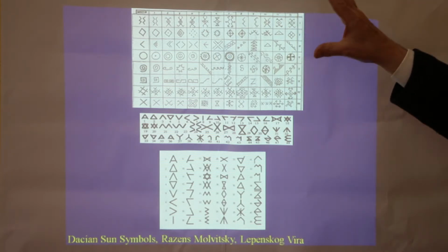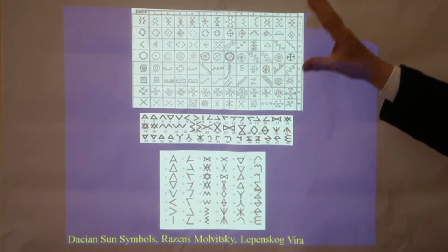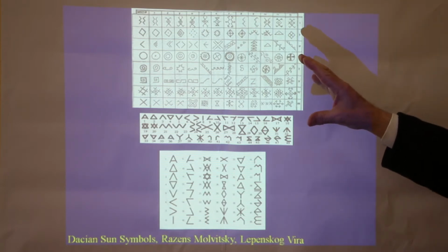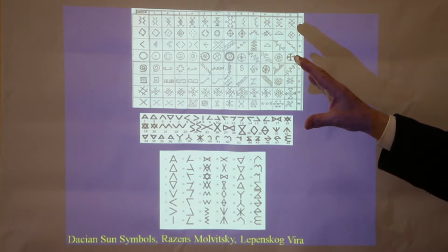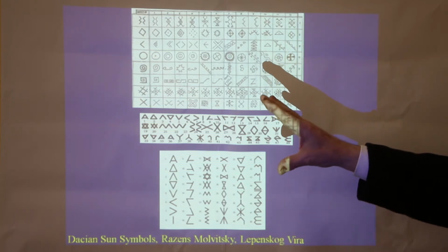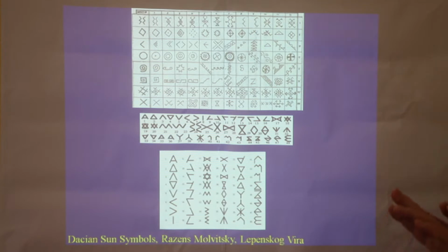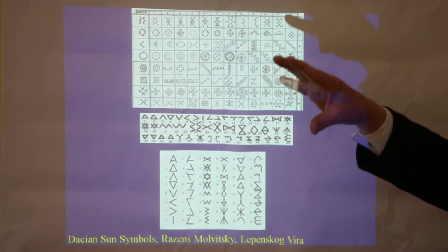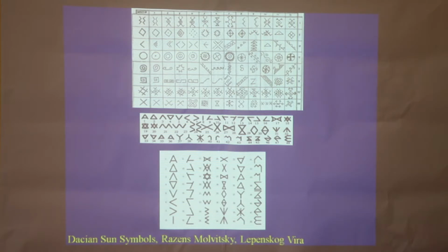And this starts in Middle Russia, so southeast of Moscow on the Volga, and then goes to the area Lepenski Vir, which is in Bulgaria, and then goes to Vinca in Serbia, and from there spreads all across.